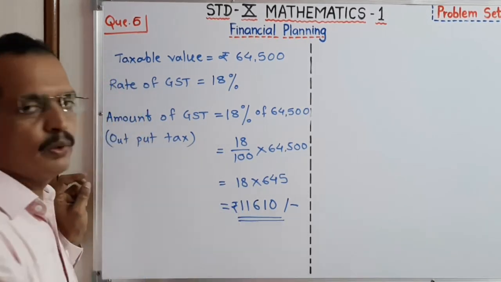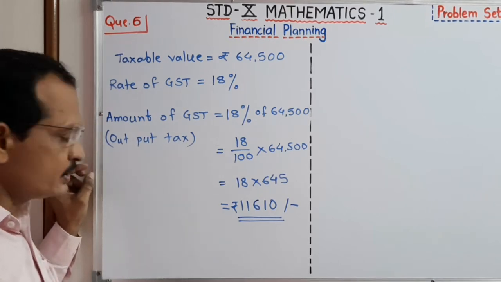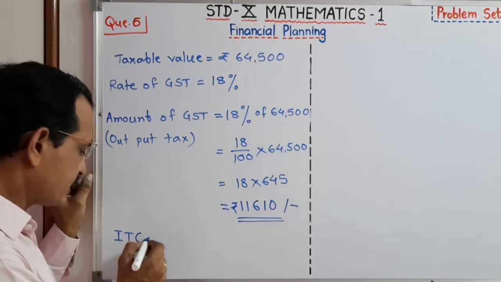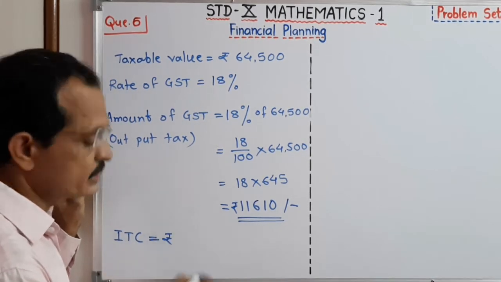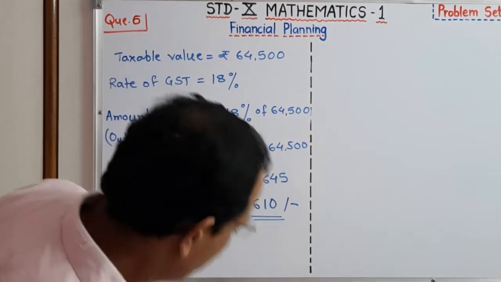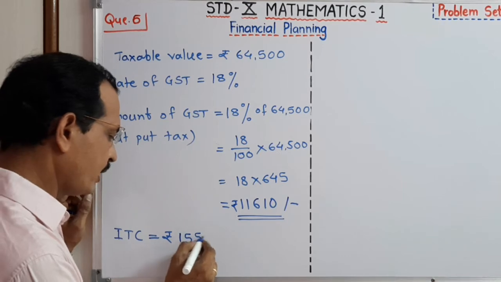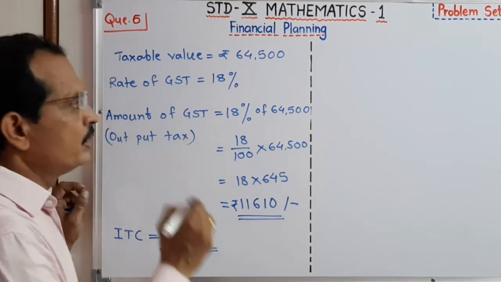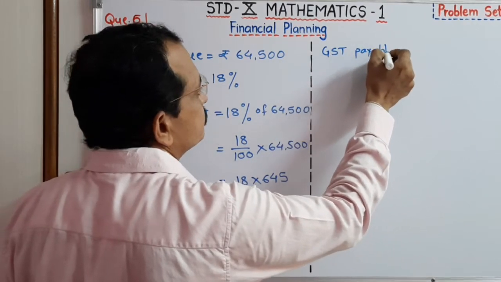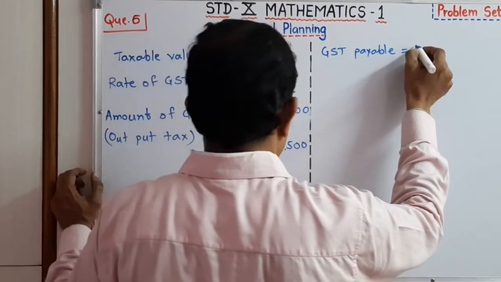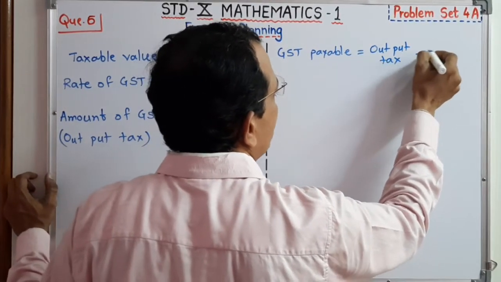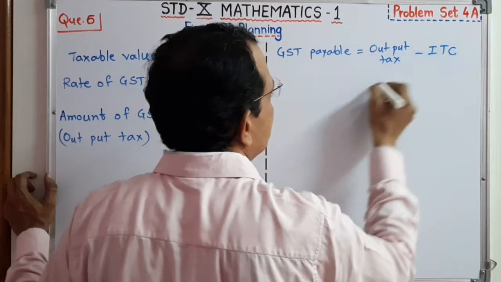Now we have to find out the input tax credit, it is already given. ITC, that is input tax credit, is equal to rupees, how much is it dear student? It is 1550. Now we have to find out GST payable, which is equal to output tax minus input tax credit.